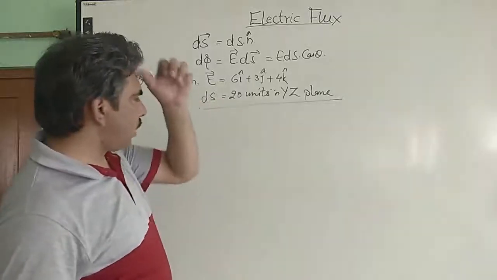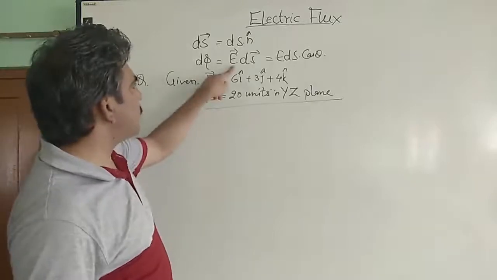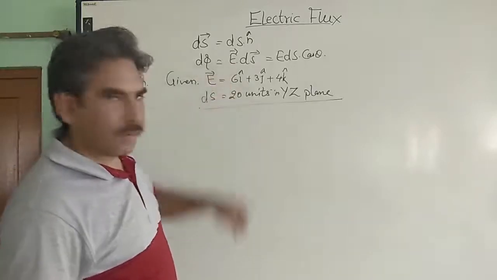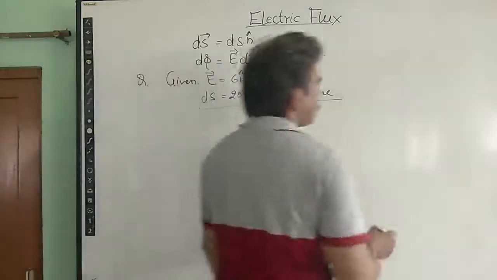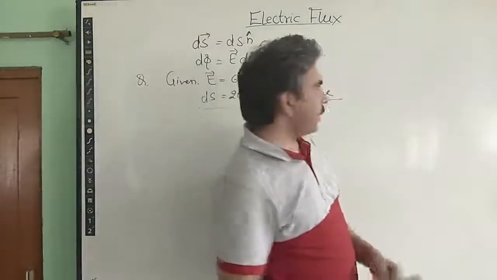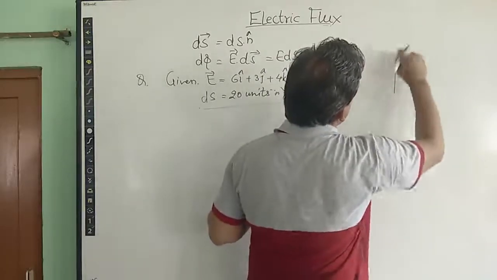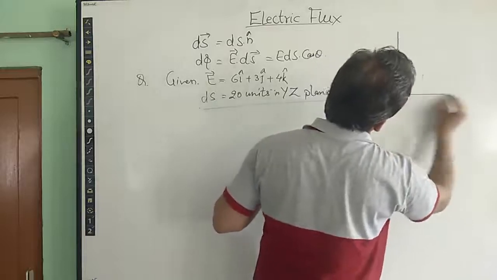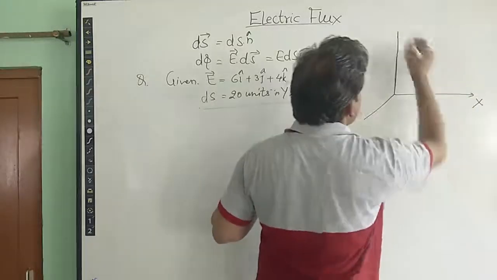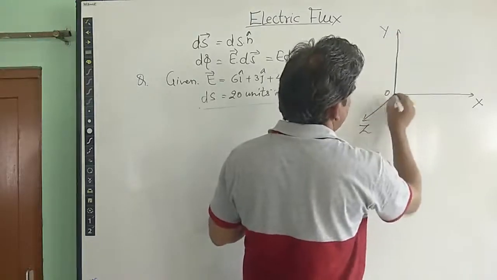First we have to consider the directions of E as well as ds, as we have discussed here. Directions are of most importance here. To make it clear, suppose here is the coordinate system. This is the x axis, this is the y axis, and this is the z axis.